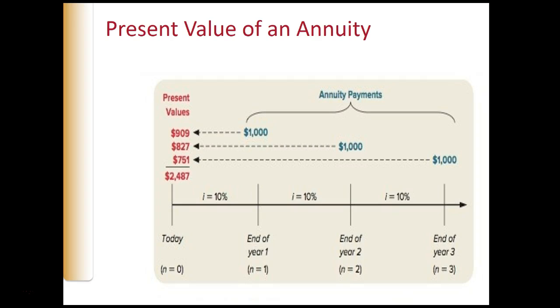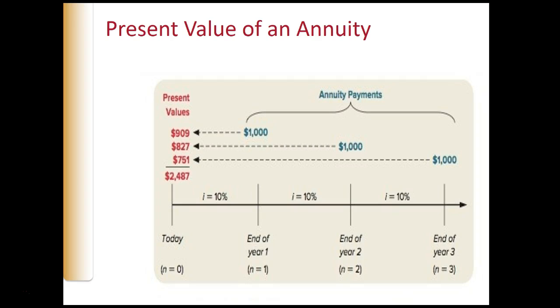To understand the idea behind the present value of an annuity, you need to realize that each annuity payment represents a single future amount. We calculate the present value of each of these future amounts, and then we add them together to determine the present value of an annuity.